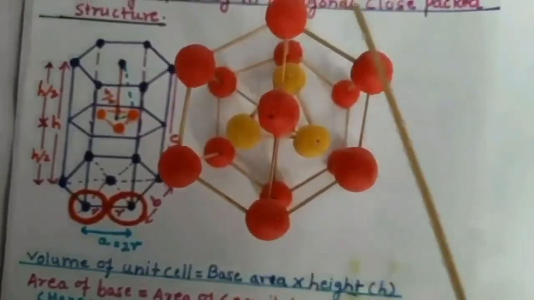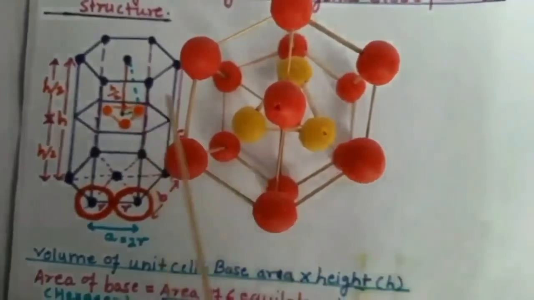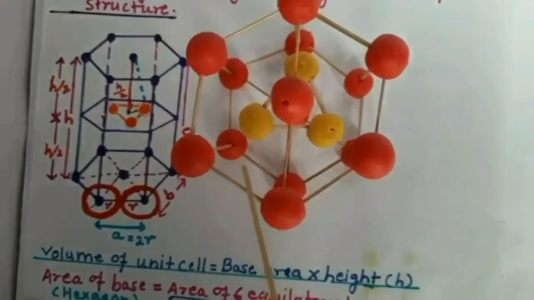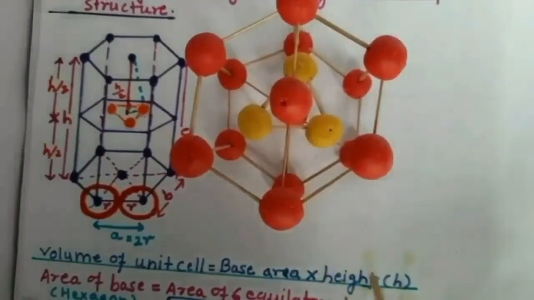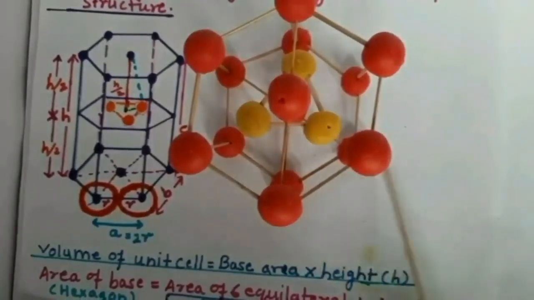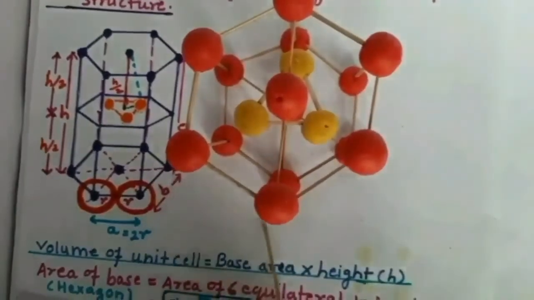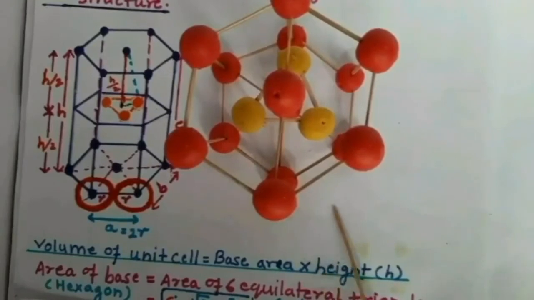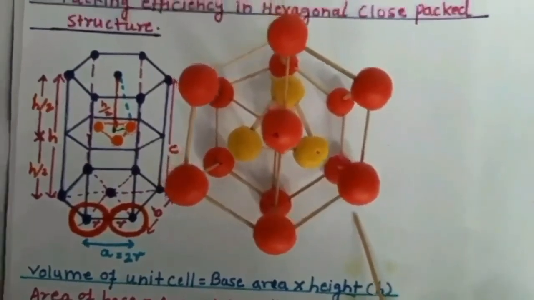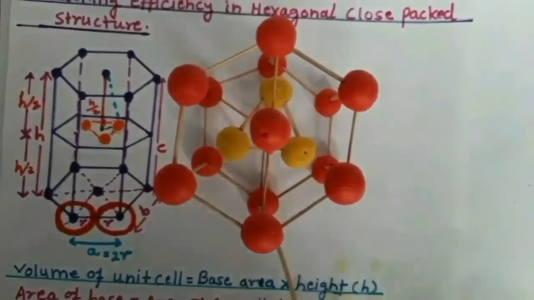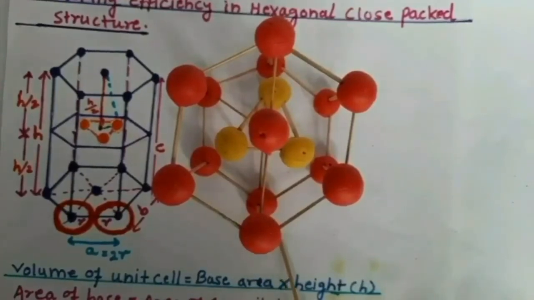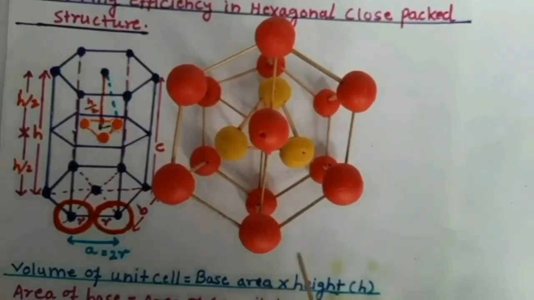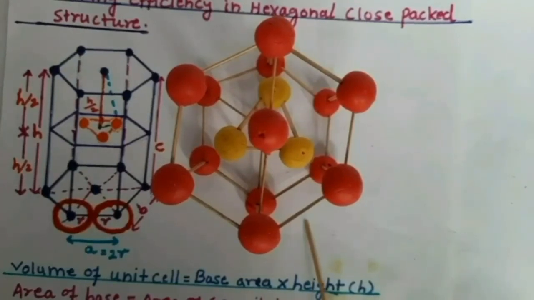1, 2, 3, 4, 5, 6. These are the 6 corner atoms which lie on the top of this unit cell, and 6 corresponding spheres are present at the bottom. So the total number of spheres present on the corners of the unit cell will be equal to 6 on the top and 6 at the bottom, and that comes out to be 6 plus 6 equal to 12.